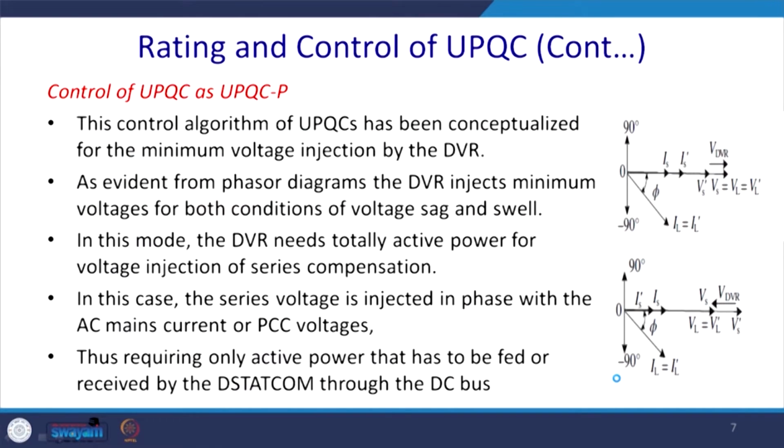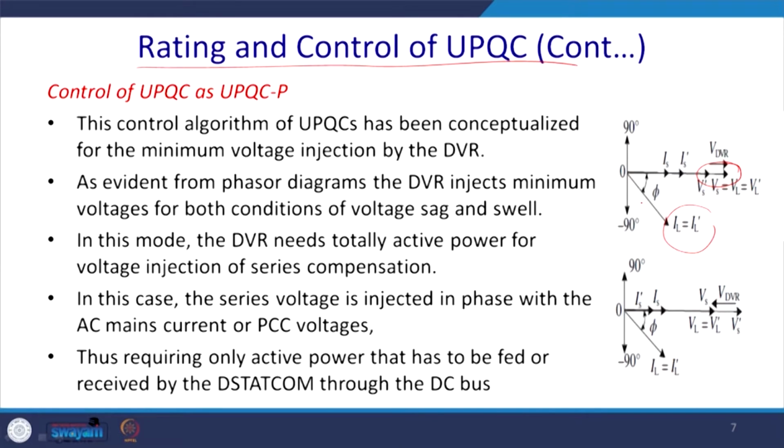Now, this is the case for the UPQC Q. Now, let us talk about the UPQC P, where the voltage is injected in phase. So, DVR voltage is injected in phase. So, ultimately you do not have much change in the phase angle, that will be remaining phi.